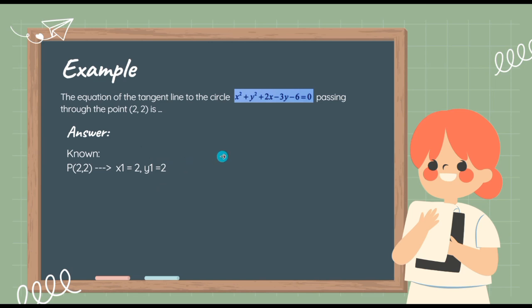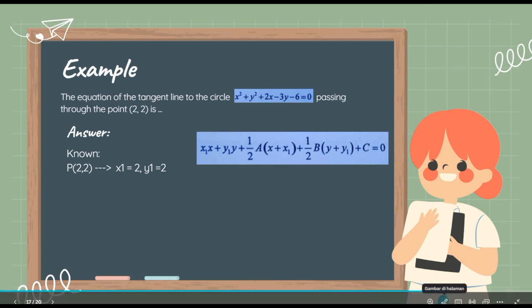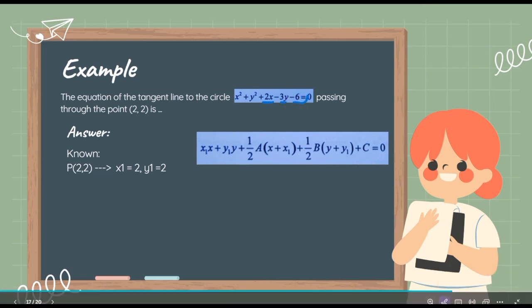Then, from the previous equation of the tangent line to the circle, we just need to substitute the numbers. For variable a it is 2, and for variable b is minus 3, while c is minus 6. Then we substitute it.